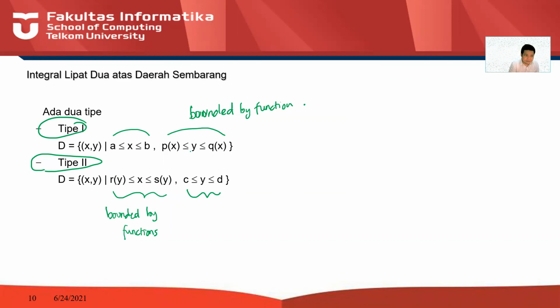Remember this. In type 1, I will try to use a pointer now. Here, in type 1, x is fixed, but y is limited or bounded by functions of x.